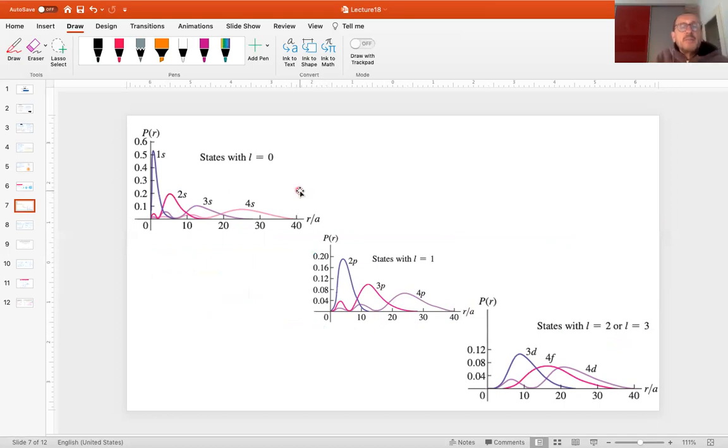Okay, so I can graph the radial probability for L equals 0, L equals 1, L equals 2, and so on. And clearly for higher numbers, you also have to change the layer. This is an M state. The 3D is an M state.